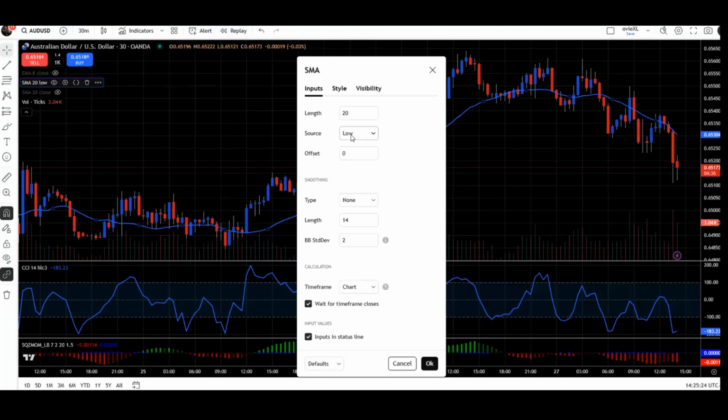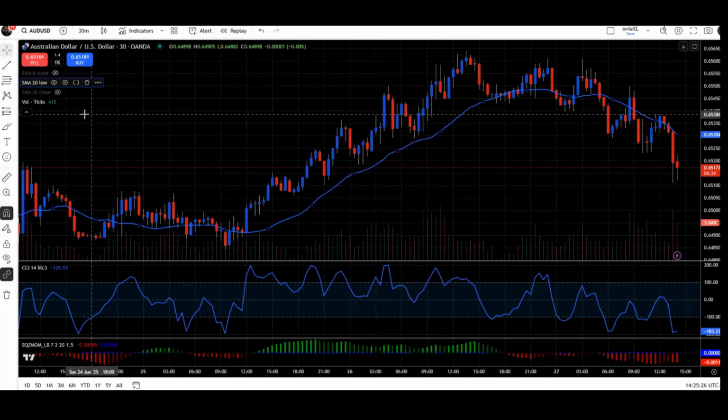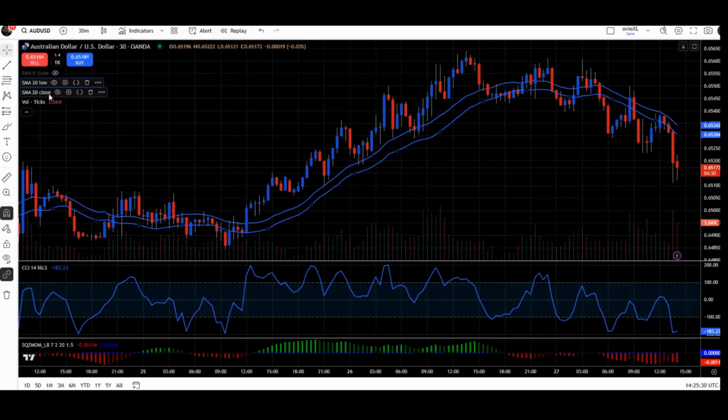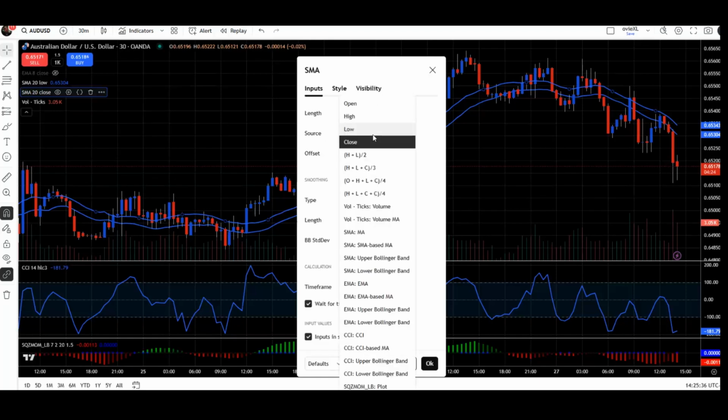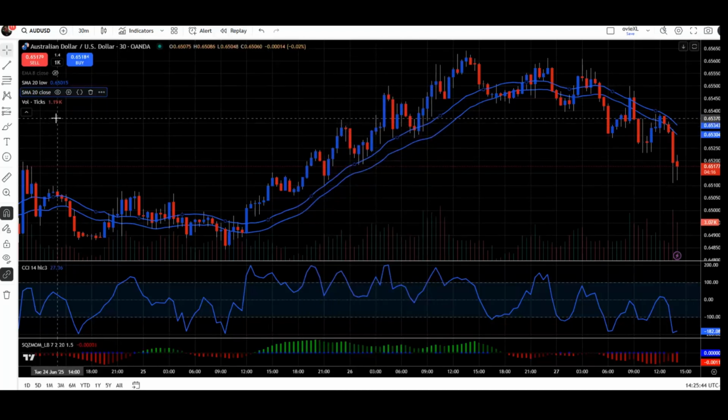Then on the second one, you set the source to close. It could be either high and close or low and close, it doesn't matter. So on this chart, we have the low and the close of the 20 period moving average, the SMA.